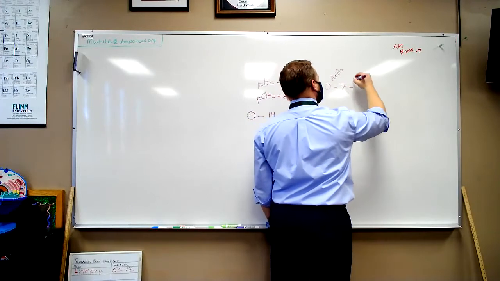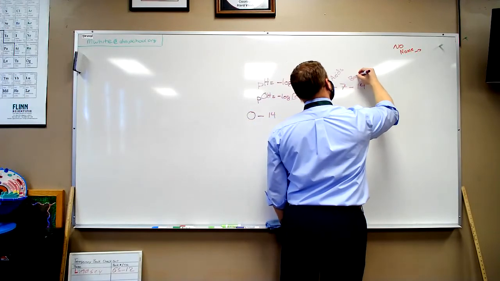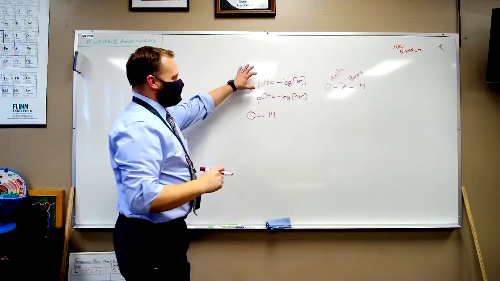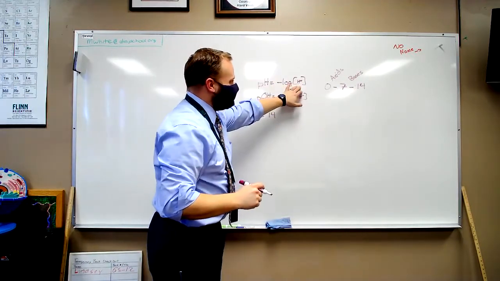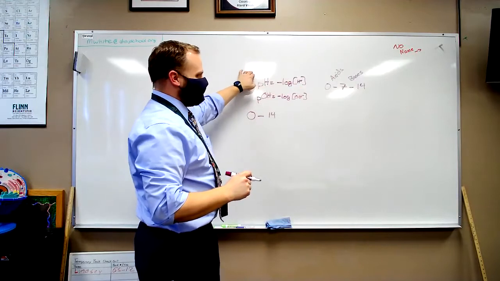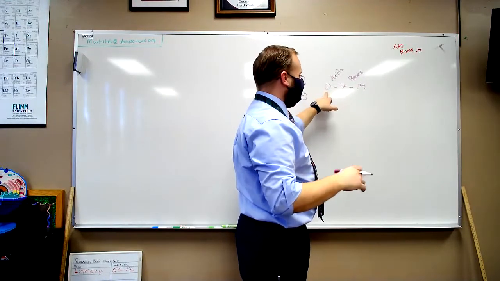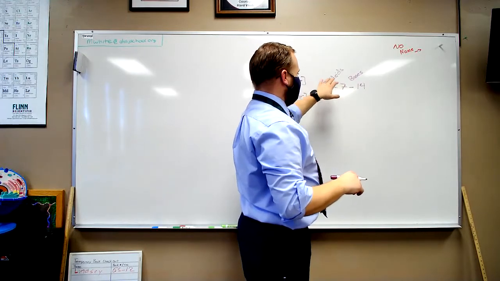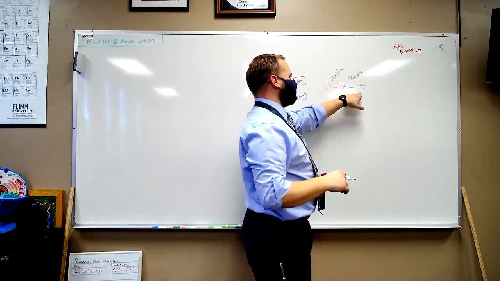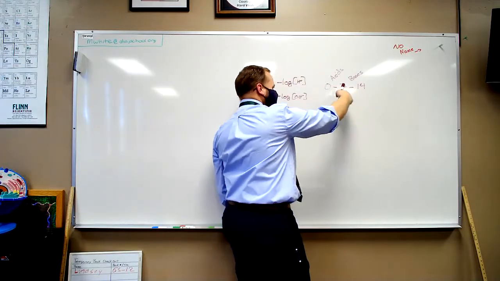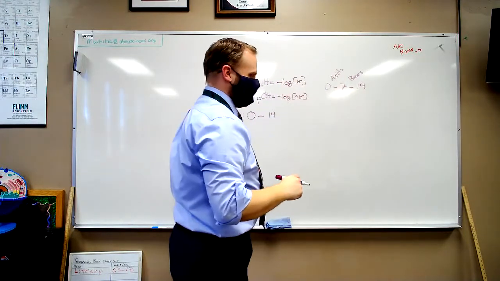And from 7 to 14, where our bases are. So if you put your concentration here and you get a pH value between 0 and 7, you're dealing with an acid. You do it and you get a value between 7 and 14, it's a base. If it is exactly 7, that is neutral.